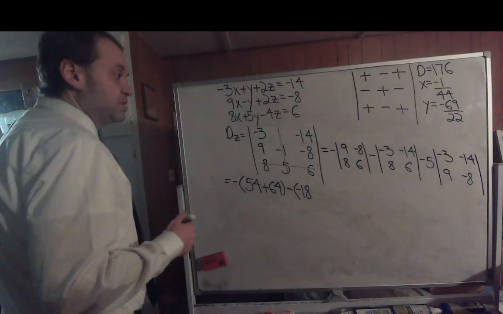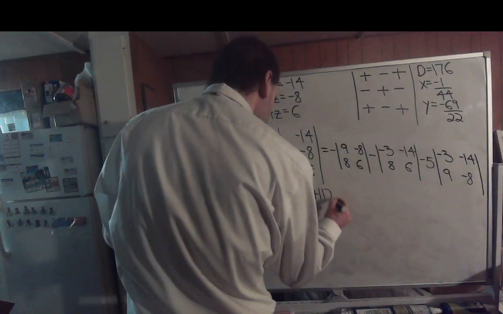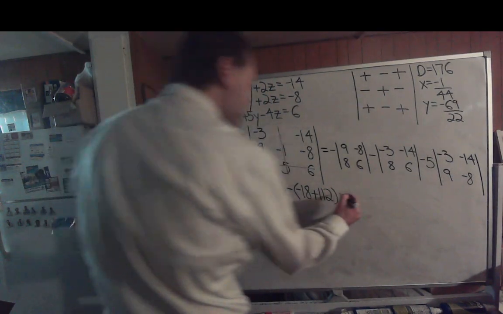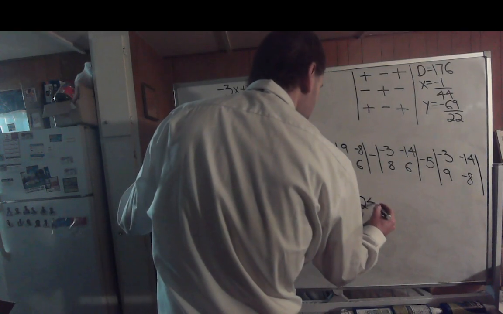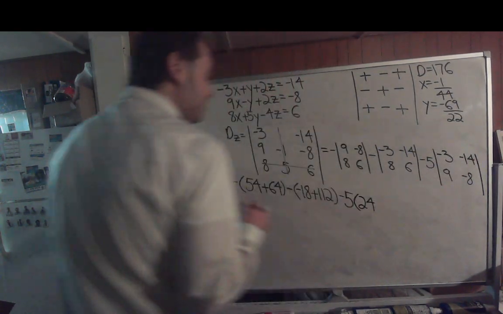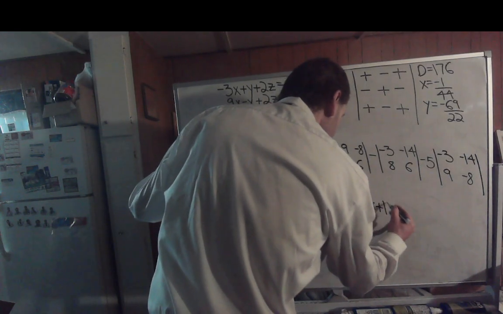Yep, so that's going to be plus 112. Alright, then you have minus 5 times the final determinant. Negative 3 times negative 8 is actually positive 24. Minus negative 14 turns into positive 14 times 9, which is plus 126.